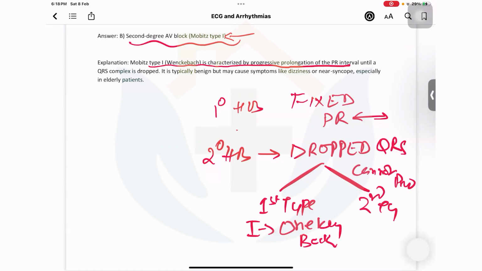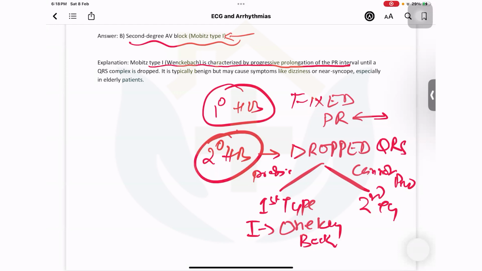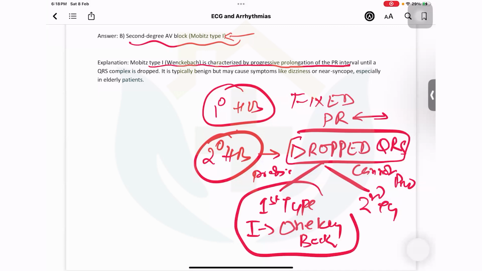How can you predict it? Because there is progressive prolongation.